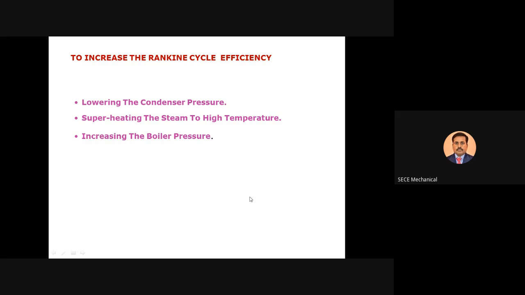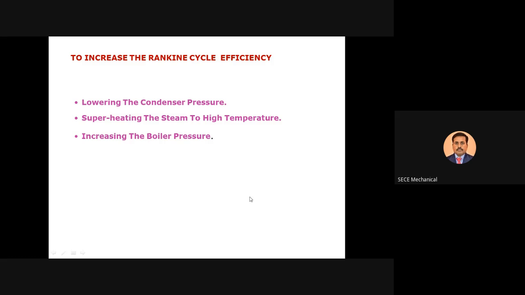And the third one is increasing the pressure in the boiler. If we increase the pressure in the boiler, the temperature automatically increases. If the temperature increases, the steam production is also high. That's why we have to maintain the pressure of the boiler, and a pressure regulation system is also mounted in the boiler.